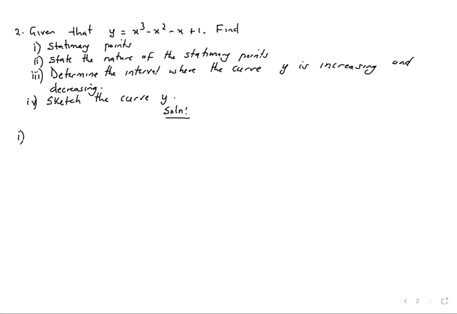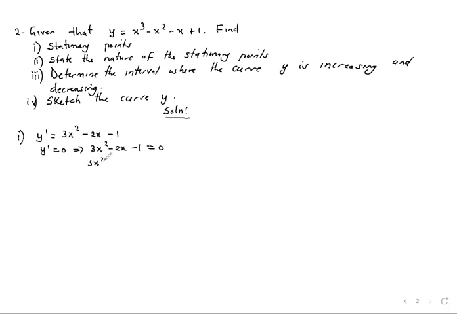So to get the stationary points, you first find the first derivative. So we get y prime, which is equal to 3x squared minus 2x minus 1. And then equate this to 0. So you are solving 3x squared minus 2x minus 1 is equal to 0. This is a quadratic whose product is -3 and the sum is -2.